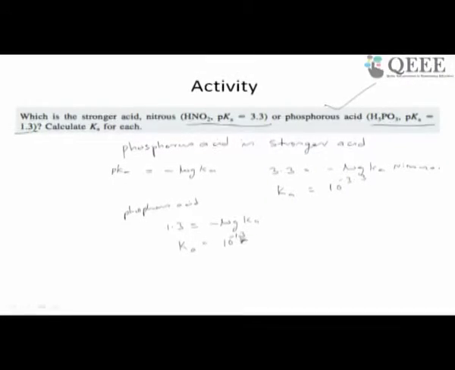It's very easy to find, because the base of the log is 10, so it's an exponential of 10. You just put the negative value up. So the Ka value is 10 power minus 1.3 for this, and 10 power minus 3.3 for this.